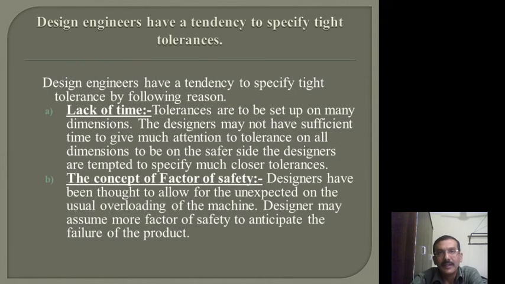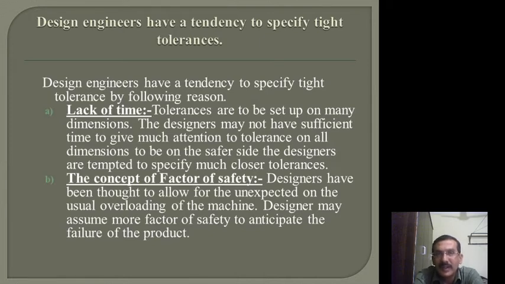Next is the tendency of the design engineer. Every industry has a design engineer whose main concept is to design the product: how much is needed, what type of component is to be manufactured, what size specifications are necessary, what material, what process is required, and what time it takes.